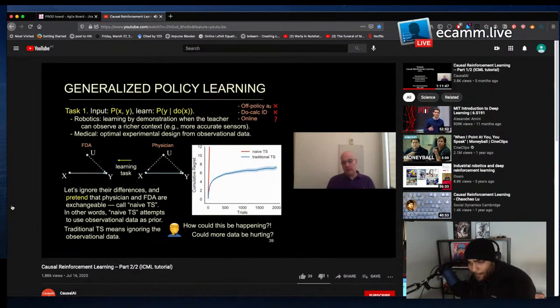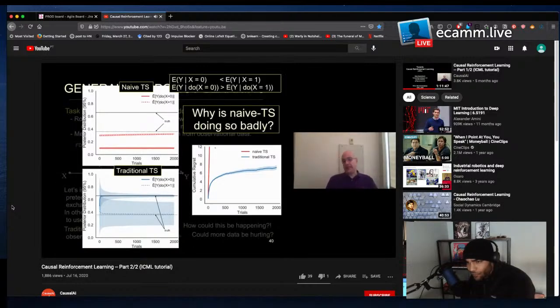Then there's this kind of uncomfortable situation, apparently. I would like to open up this plot to get a better idea of what's going on inside the solver. The plot on top is the red, the naive, and on the bottom is the traditional. Let's parse it slowly. The truth, unknown by the agent, which is what the agent is trying to learn, is that do x0, the solid line, is greater than do x1, the dashed line.